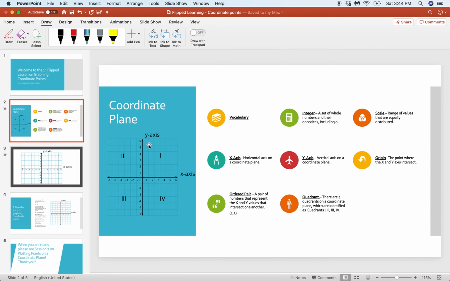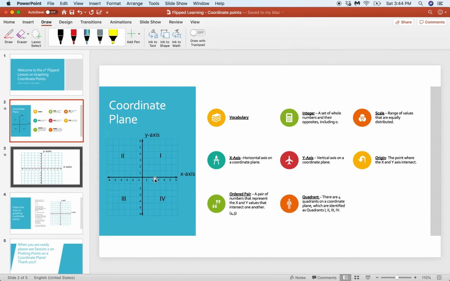If you look at the coordinate plane that I have here, you will see our integers placed on it. They range from -6 to +6 on the x-axis, and from -6 to +6 on the y-axis. Now, let's talk about a scale. A scale is the range of values that are equally distributed.